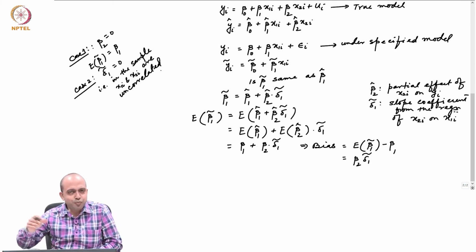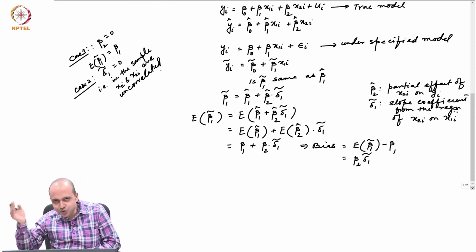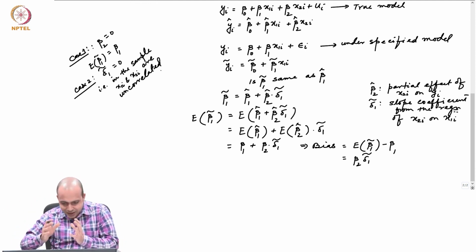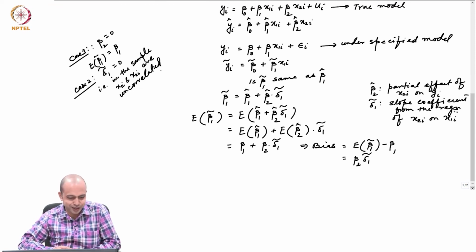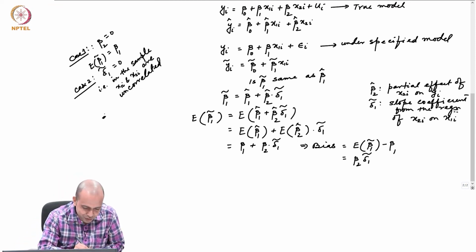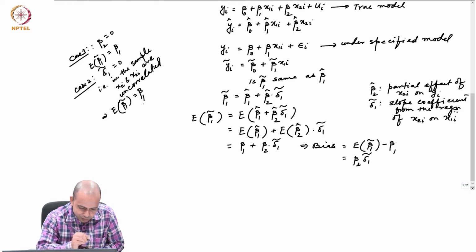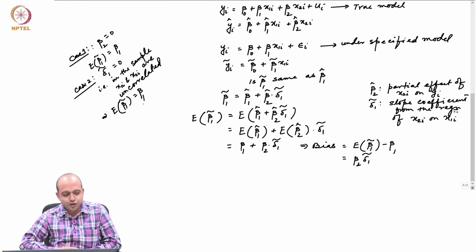So even though in the population we hypothesize that x2i has some impact on yi, in the sample we collect we see that education and ability are not correlated for the particular sample, then also we can ensure that expectation of beta 1 tilde equals beta 1. So under these two cases, either beta 2 equals 0 or delta 1 tilde equals 0, only then can we say that expectation of beta 1 tilde equals beta 1, that means the bias is 0.